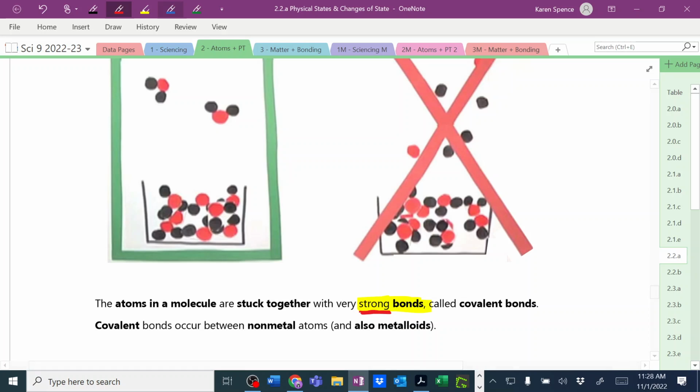So if I was to look at this water, the hydrogen is attached to an oxygen and the oxygen is attached to a hydrogen.